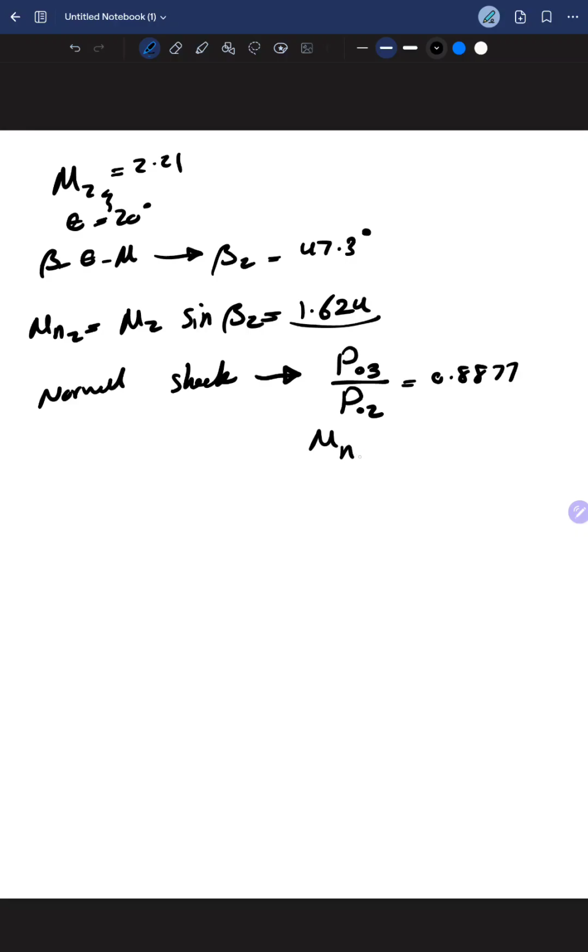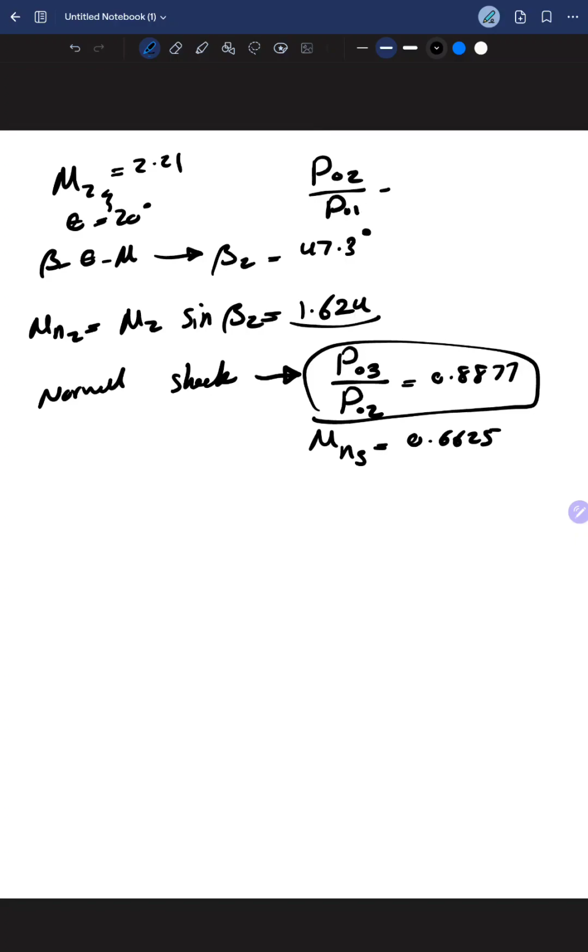And Mn3, the normal component of the flow after the shock wave, is going to be 0.6625. So we have our second pressure ratio. The first one was, I think, 0.499 after the first shock.